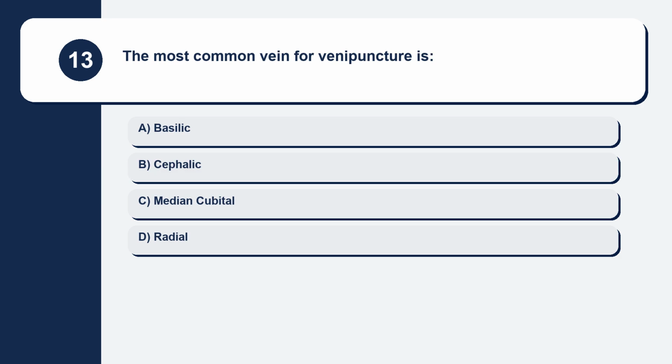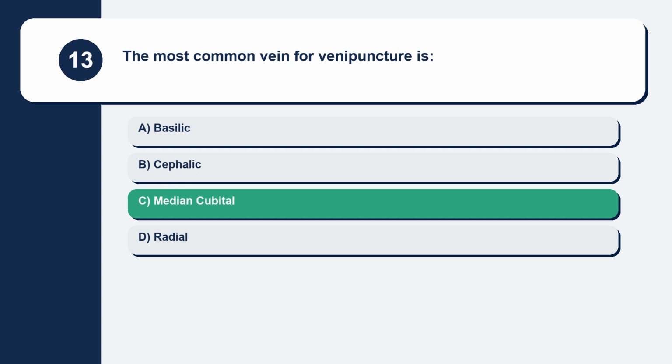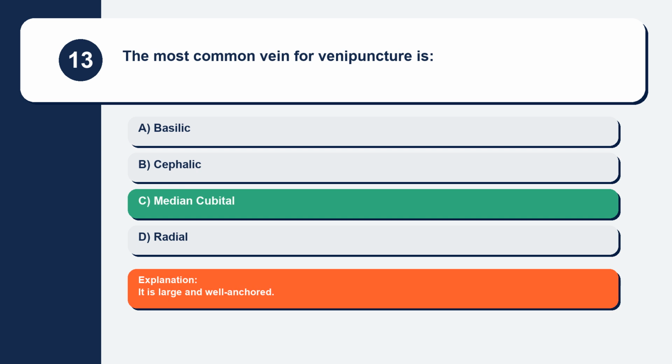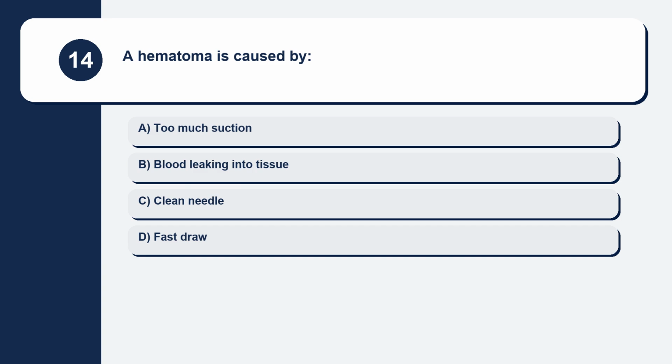Question 13. The most common vein for venipuncture is basilic, cephalic, median cubital, or radial? It is large and well anchored. Question 14. A hematoma is caused by too much suction, blood leaking into tissue, a clean needle, or a fast draw?